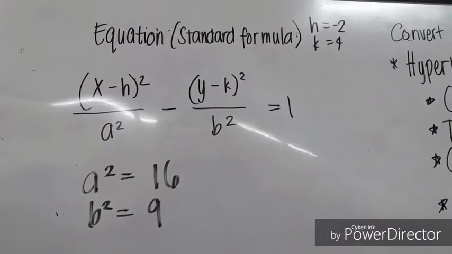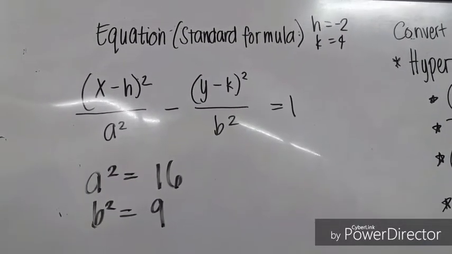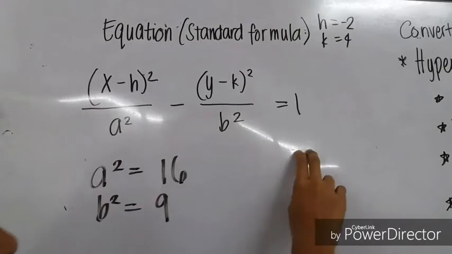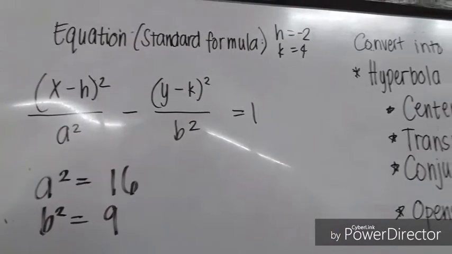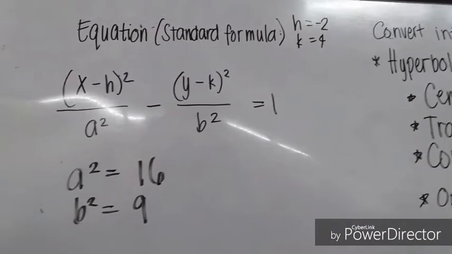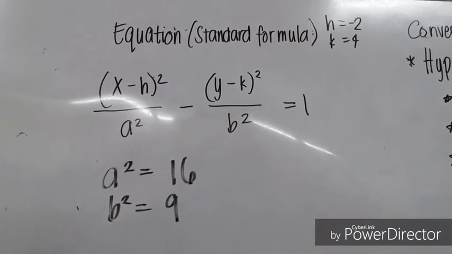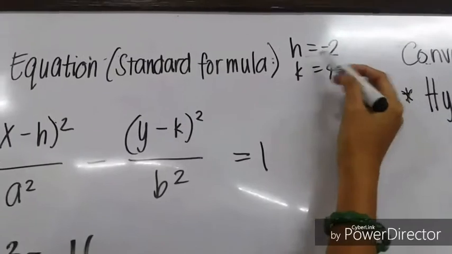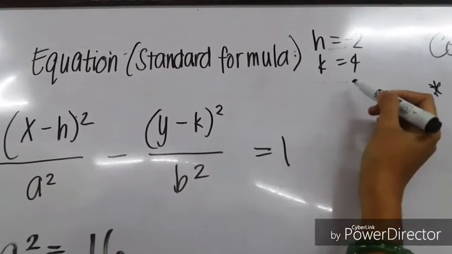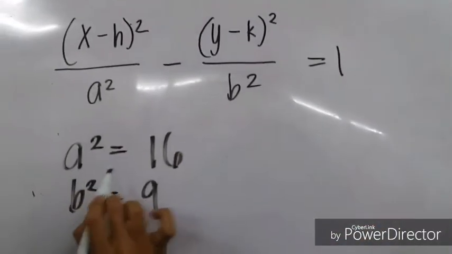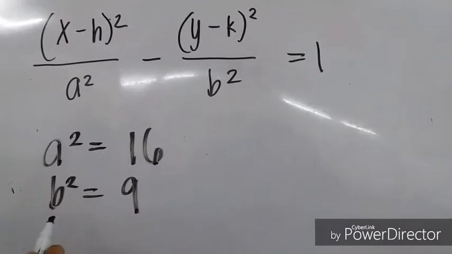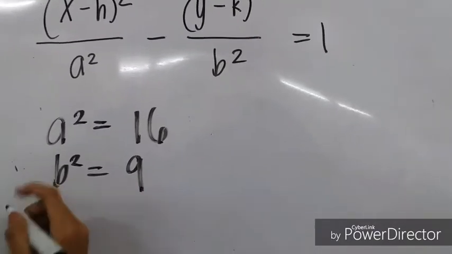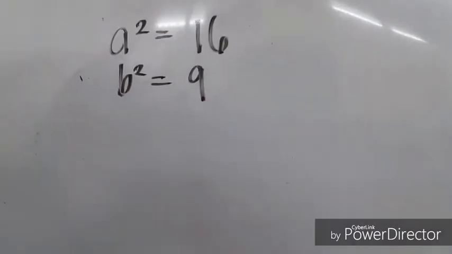Using the standard formula from the given, we're going to base its equation on the horizontal transverse axis and the vertical conjugate axis. So, shown from the center, h is equivalent to -2 and k is equivalent to 4. So, a squared is equivalent to 16 and b squared is equivalent to 9. So, what we're going to do is substitute.